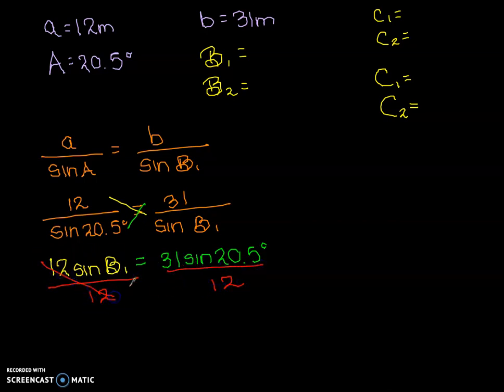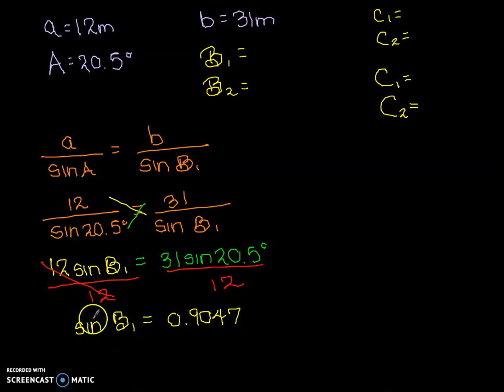Make sure you have your calculators ready. So sine of B sub 1 will equal 31 times sine of 20.5, press equals after the numerator, and then divide by 12, and you should get somewhere around 0.9047.